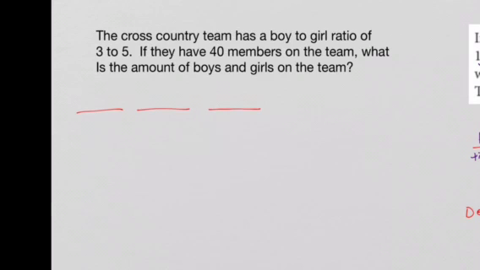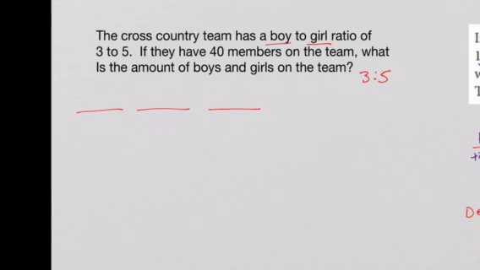So let's go through here and look at the information they've given us. They give us the amount of boys, they give us the amount of girls, and they tell us that they have a boy-to-girl ratio of 3 to 5. So that means every time there's 3 boys, there's going to be 5 girls.